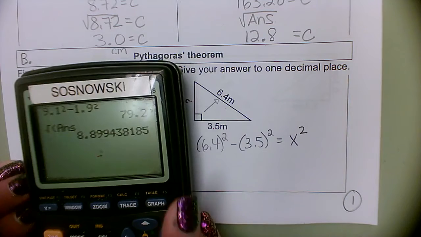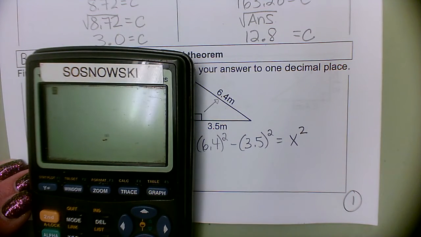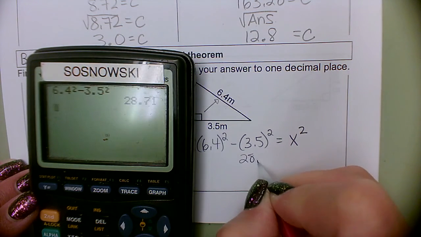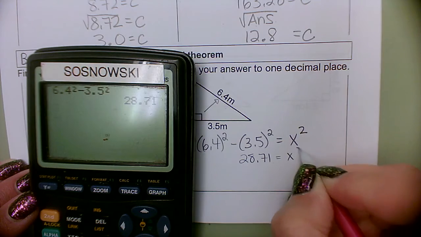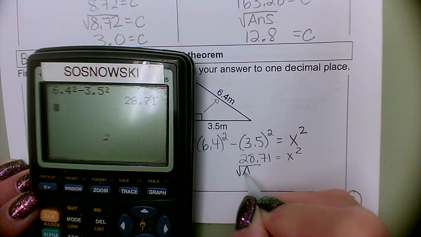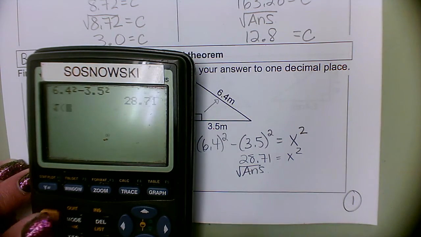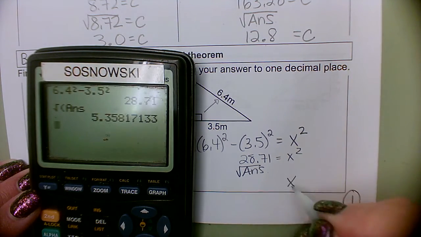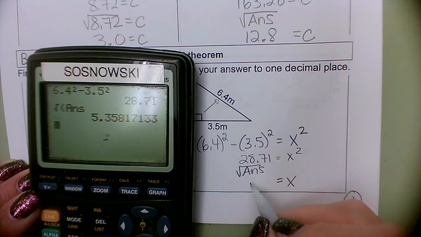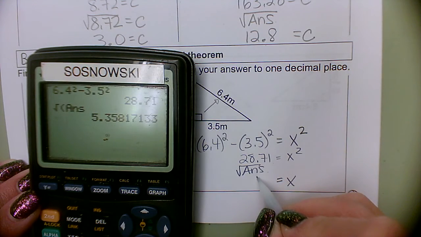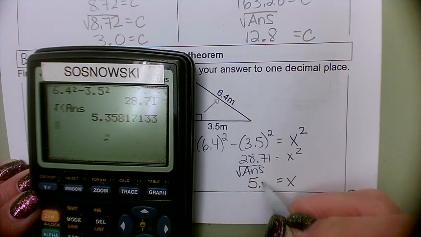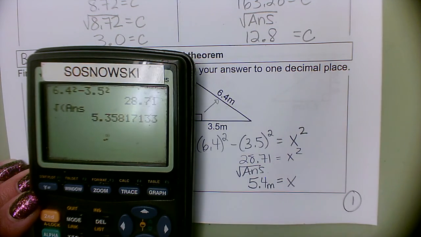I punch in 6.4 squared minus 3.5 squared, and I get 28.71 equaling x squared. I need to make sure I square root my answer, which gets rid of the square so that I just have a plain x. On this side, I'm going to get 5.4, because the 3 rounds up to a 4, and I have meters.